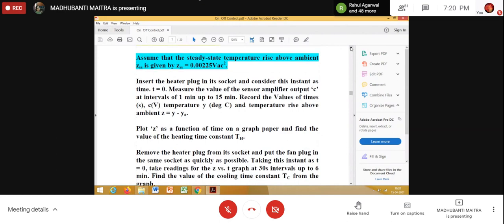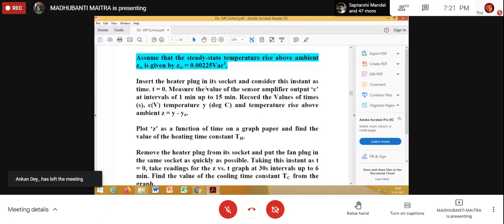Next, we'll insert the heater plug in its socket. We'll not connect the fan now, so the system will operate in open loop. We insert the heater plug in its socket and consider this instant as time t equal to 0.